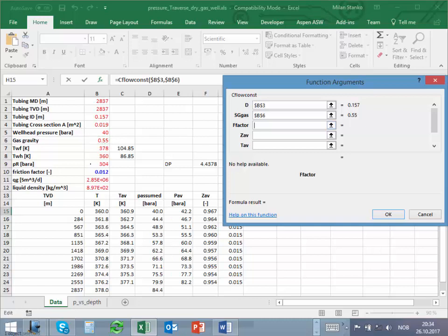Block it. Friction factor is here, block it. The average, I'm going to take it from each section, without blocking. The length, what is the length? It's vertical, okay? So it's also this minus this one. It's exactly the same as the height. It's this one minus this one.